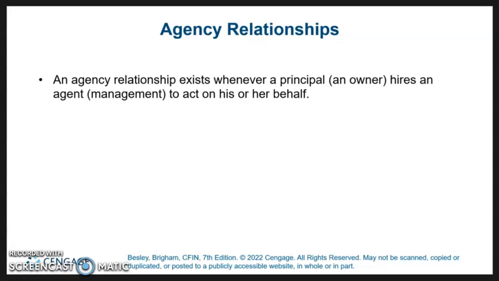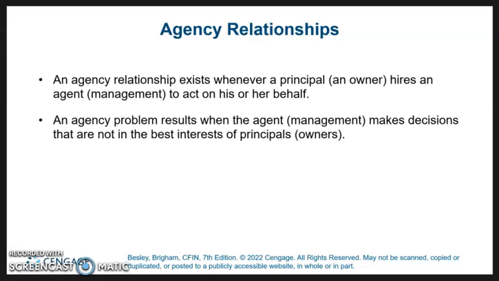So when you buy stock, you are a principal, and you have effectively hired the executives of that firm to act on your behalf. An agency problem results when the management makes decisions that are not in the best interest of the owners.